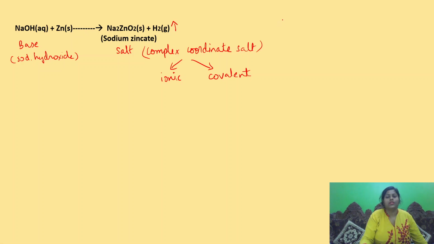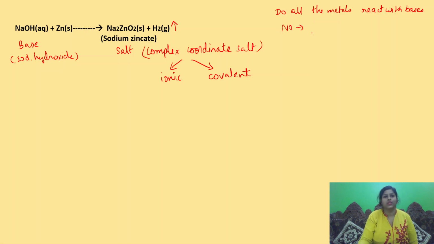So do all the metals react with the bases? There is a question. Do all the metals react with bases? So the answer is no. So what are the metals which react with bases? Those are amphoteric metals.